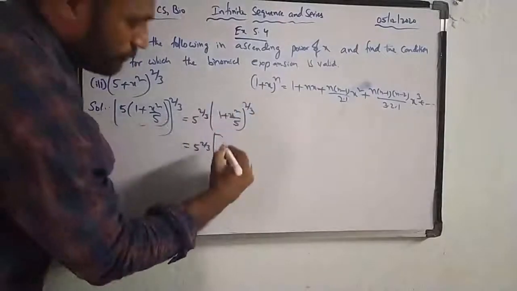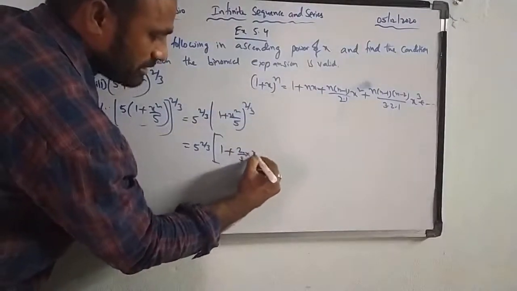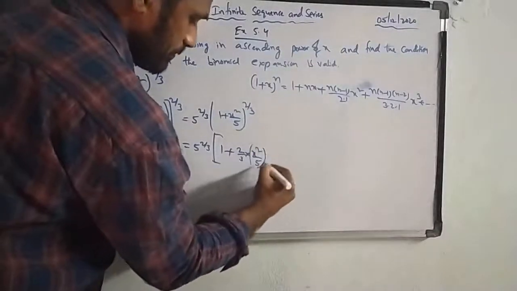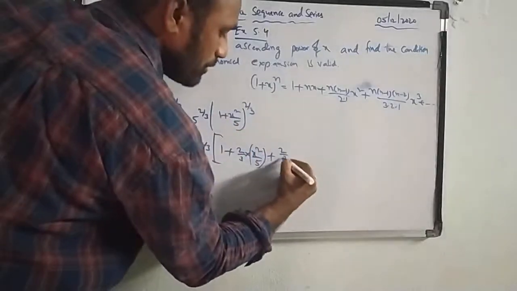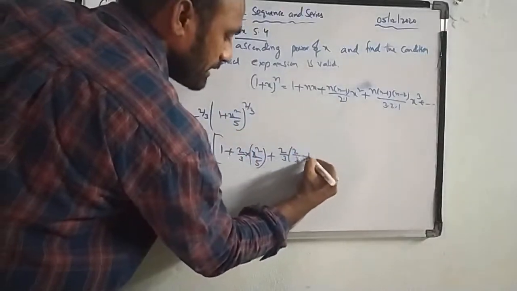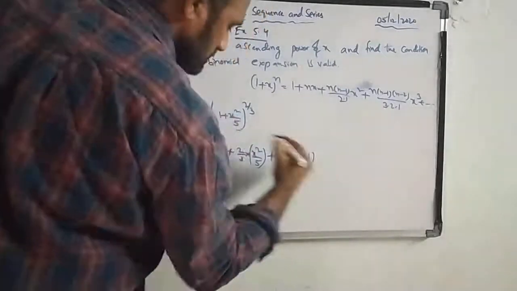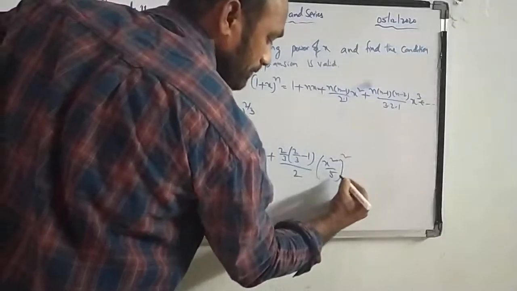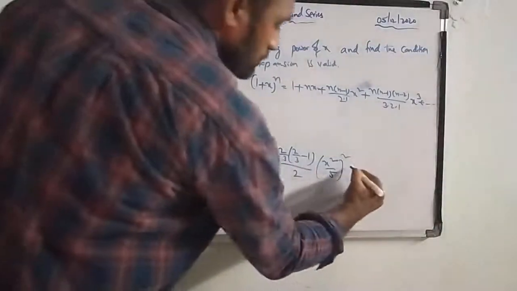In place of nx, n is 2 by 3, so 2 by 3 into x square by 5, plus n into n minus 1 by 2, that is 2 by 3 into 2 by 3 minus 1 by 2 into 1, that is 2, into x square by 5 whole square, plus so on.